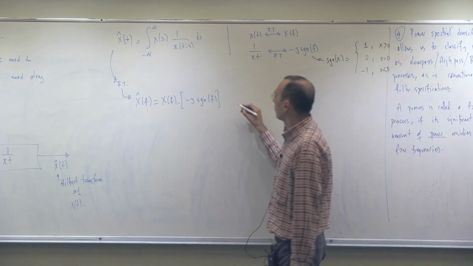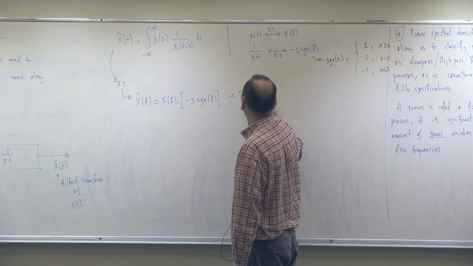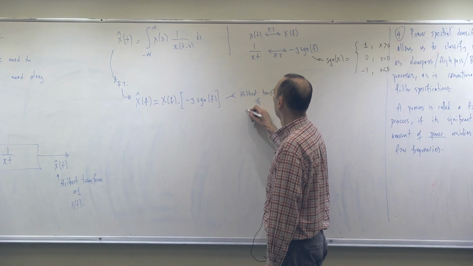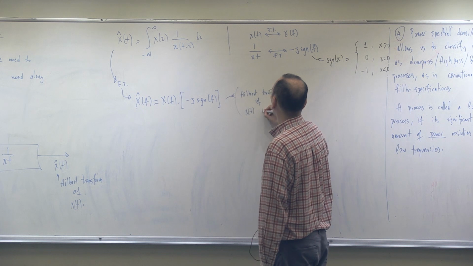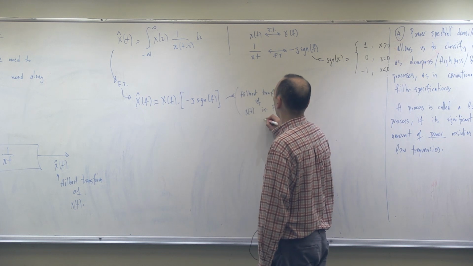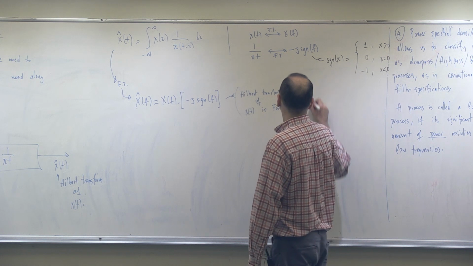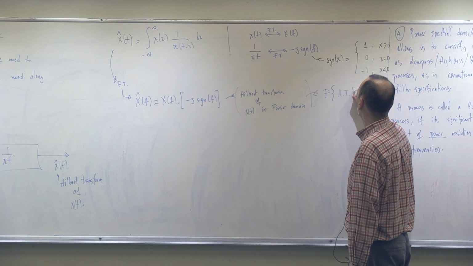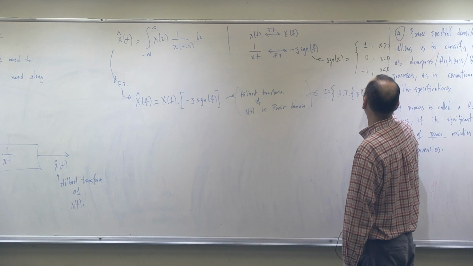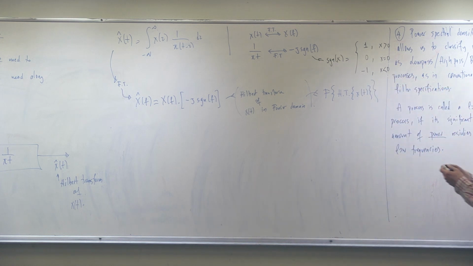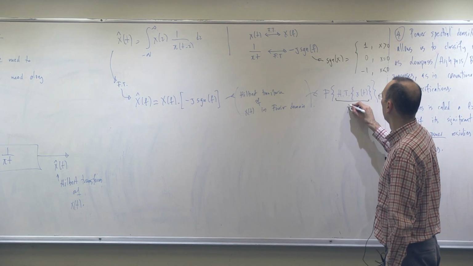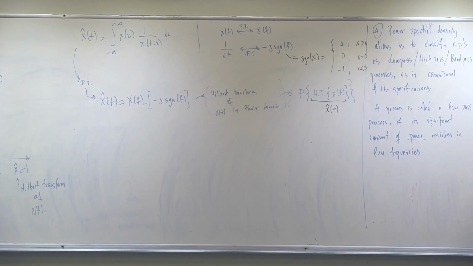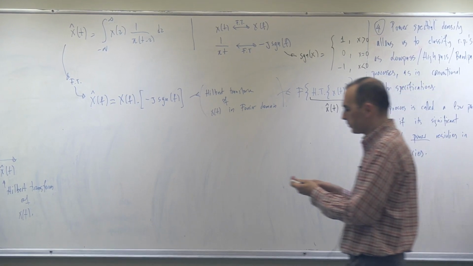So this is the Hilbert transform of x of t in the Fourier domain, or the Fourier transform of the Hilbert transform of x of t. Am I right? So this is my small hat function in time. That's what I have.